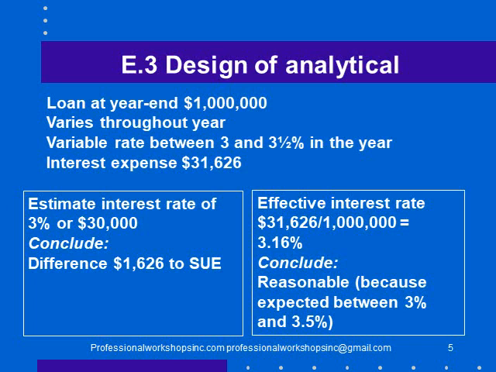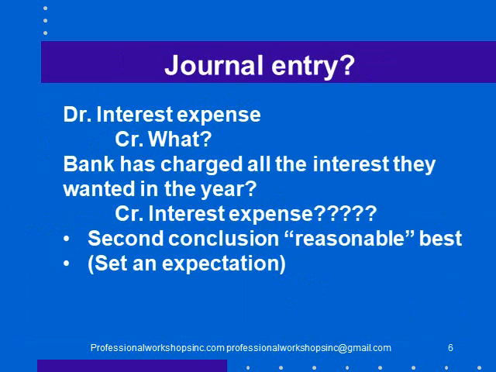The other way you could do it is say, well, let me find out what the effective interest rate is. 31,000 divided by $1 million is 3.16%. I'm going to conclude that that is reasonable because I expected it to be between 3 and 3.5%, and it was. So if you tried to propose a journal entry, you would debit interest expense and credit payable to the bank. Well, the bank has charged all the interest they want.